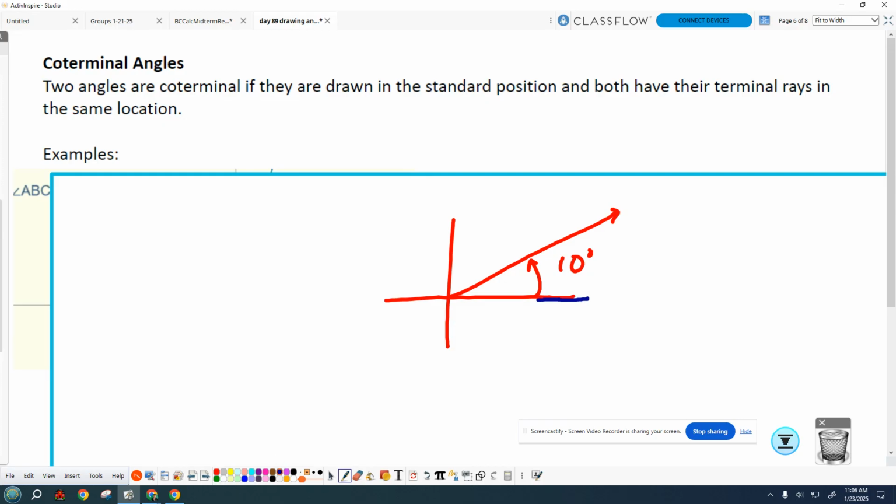So it resets, and Abraham says, fine, little brother, I will spin it all the way around, and it still lands there. How many degrees did it sweep out to land exactly in the same place? 370. How did you get that? So this is coterminal. He spun it all the way around and landed in the same spot.